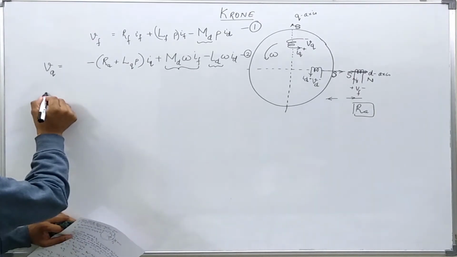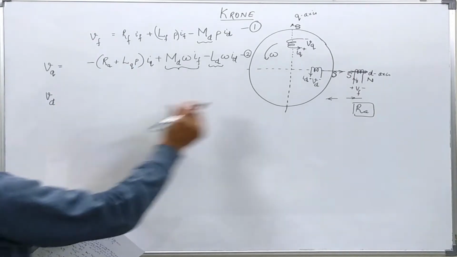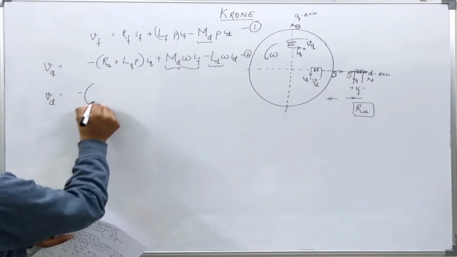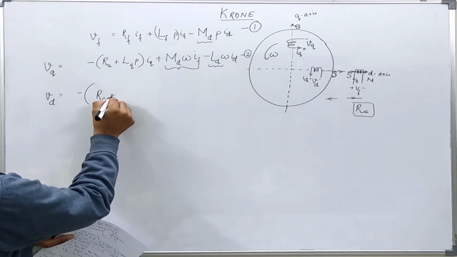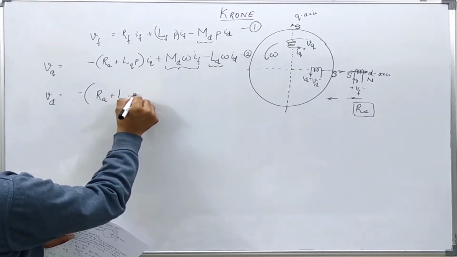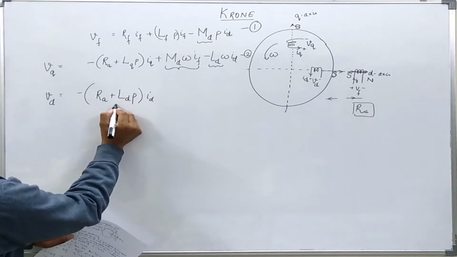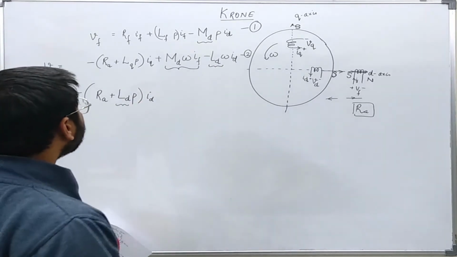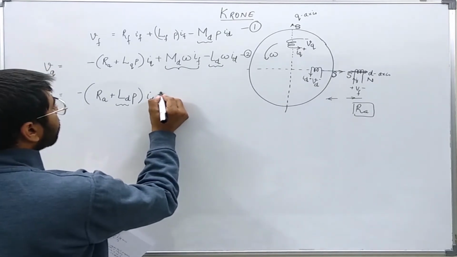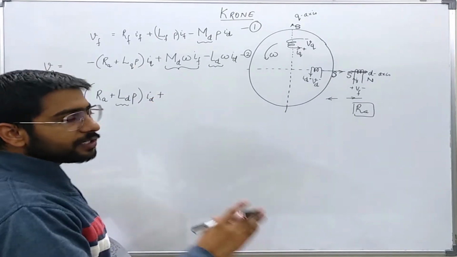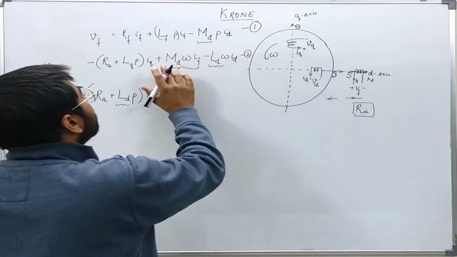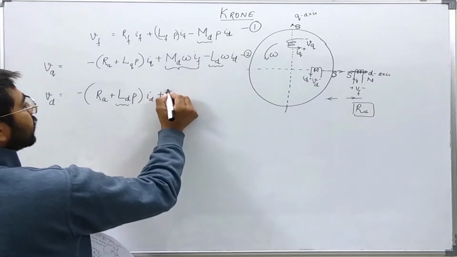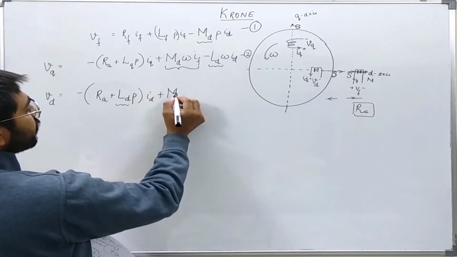So let us write the D axis voltage. First the drop in the armature. Now you can see this LD is already taken in the motional EMF. Now this is the transformer EMF. Now using a similar convention for these signs, I can see that these two signs will be positive.